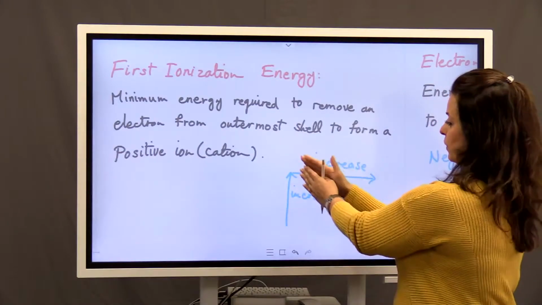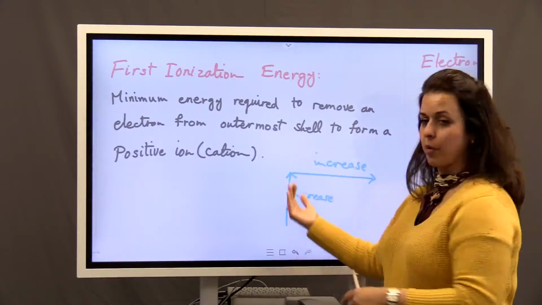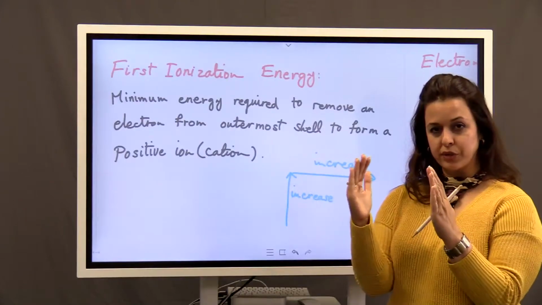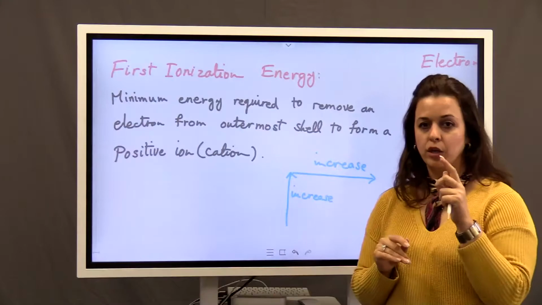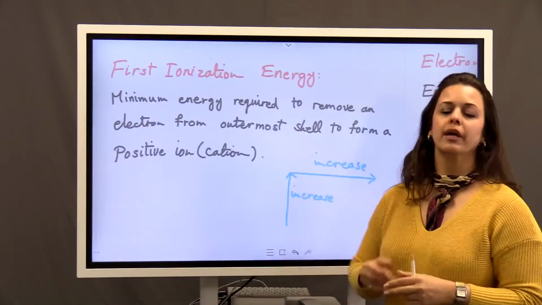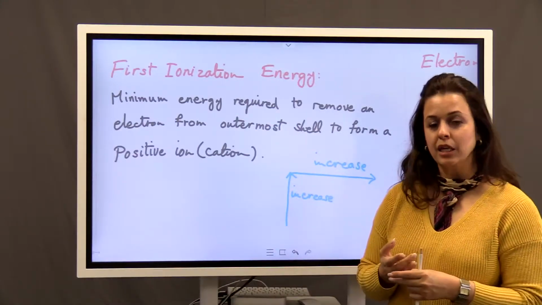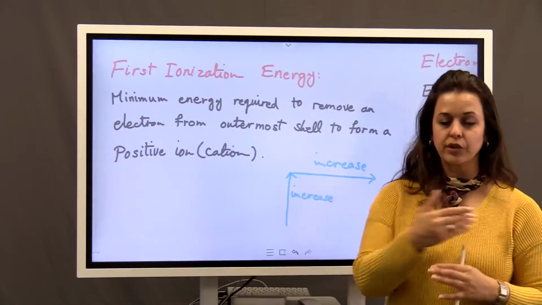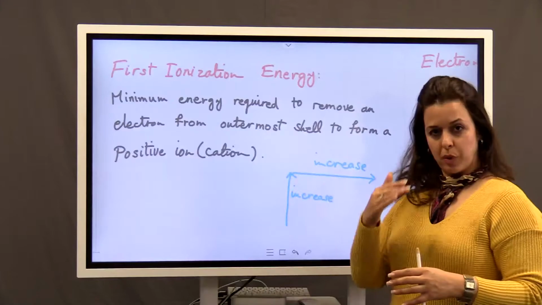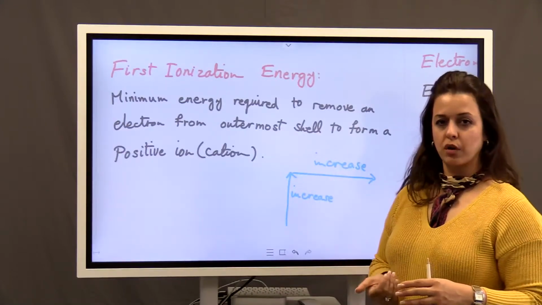Why? Because it increases from left to right and from bottom to top, because by decreasing the atomic radius, you're closer to the nucleus, right? That nucleus doesn't let you pull the electron that easily. So by decreasing the radius, you have an increase in spending energy. You need to spend more energy to remove that electron.